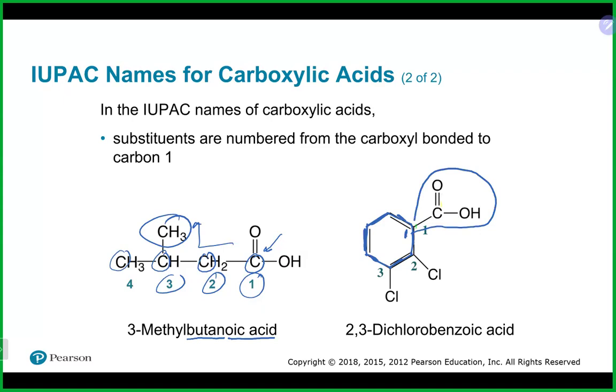And then because it is a benzene ring, you could go left or right. It really doesn't matter. Whichever way is going to give the groups the smaller numbers. So this is going to be 2 and 3 on this side. And again, that is how we get to our 2,3-dichloro, because there's 2 of them in this thing, benzoic acid. Any questions on that name there?